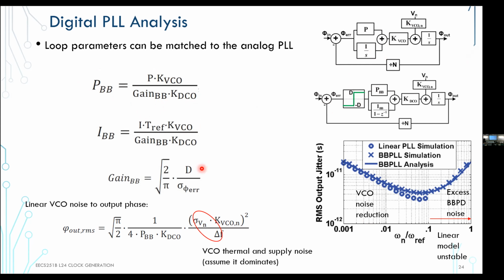And this gain of the bang-bang will essentially be dependent on this step, the phase error divided by the VCO error. Think of it as a relationship, like the equivalent of the A to D converter.